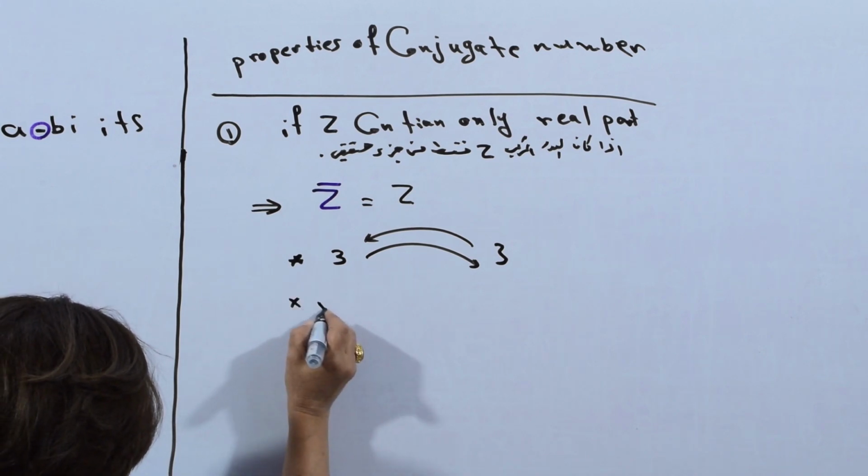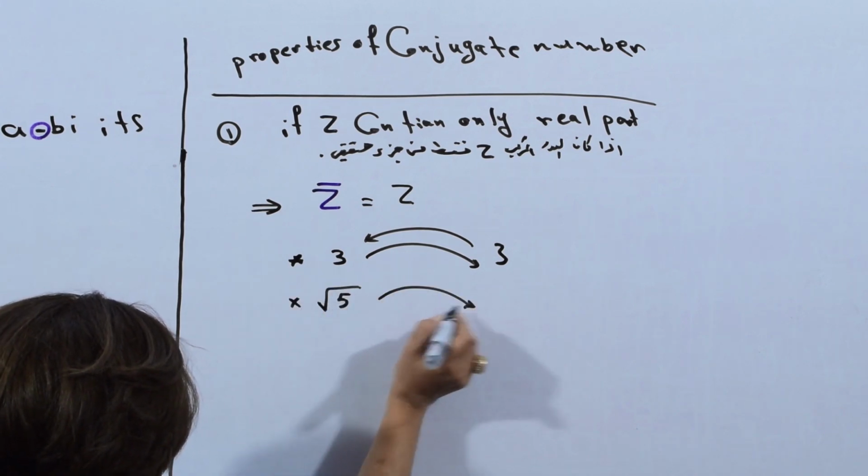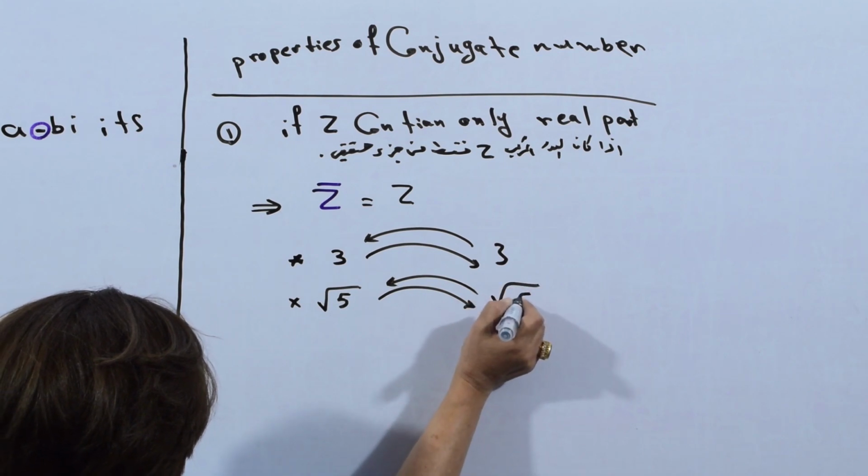If I say root of 5 conjugate opposite give me root of 5.